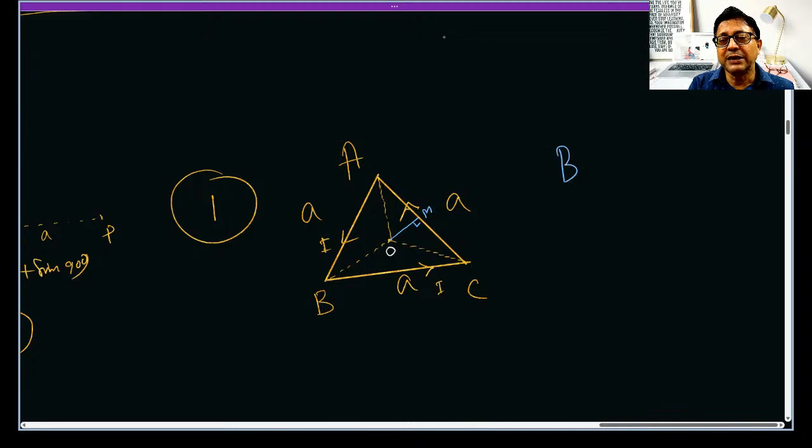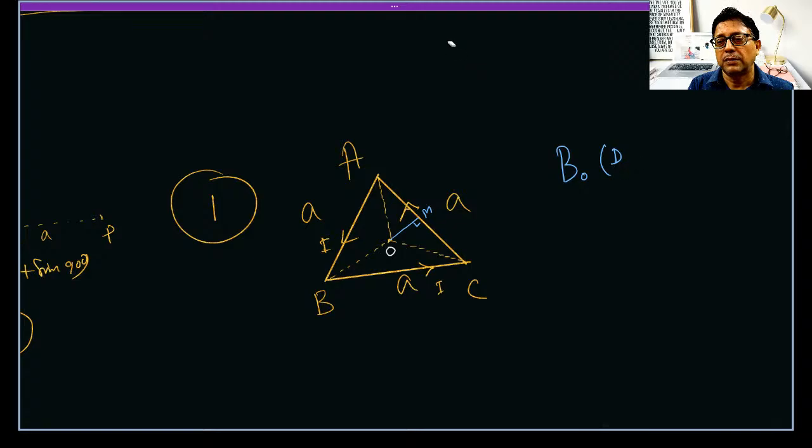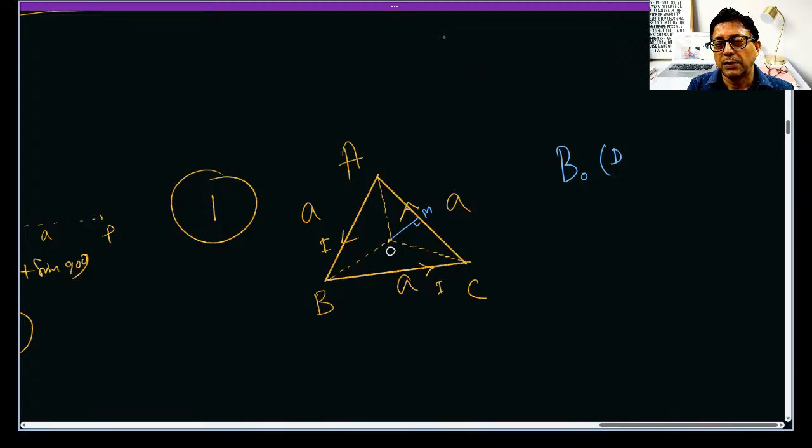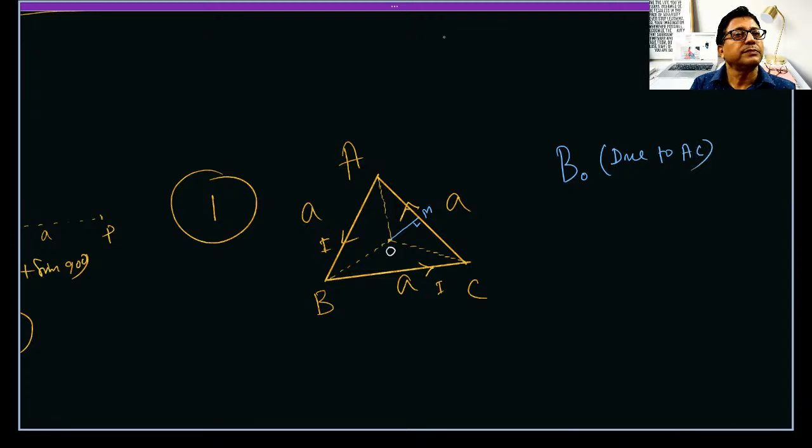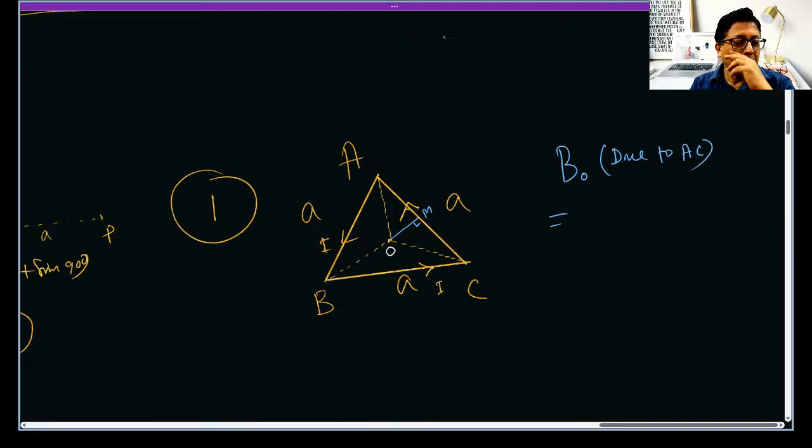Let us find B at O due to one side, due to AC. This angle is 60, this one also 60, because total angle is 120 degrees. You agree or not?